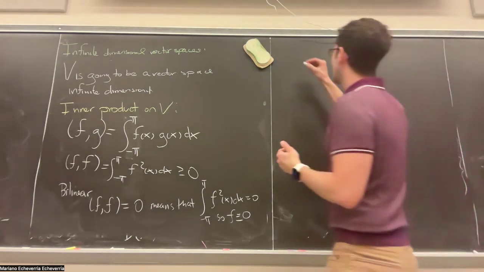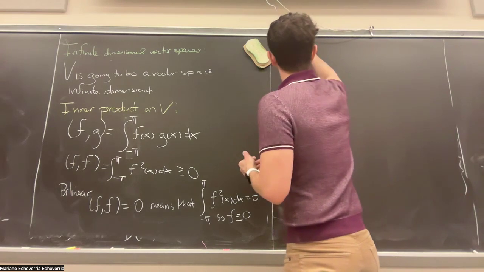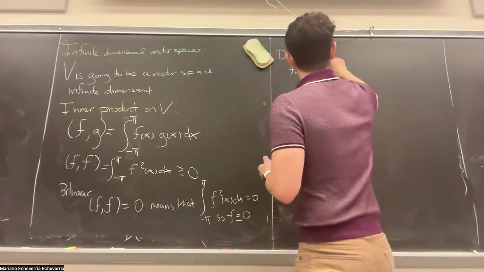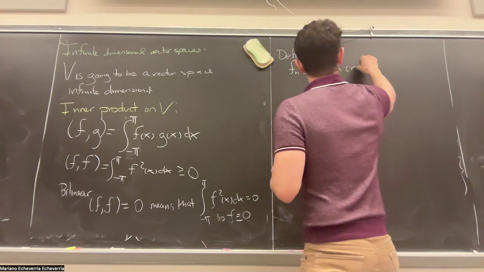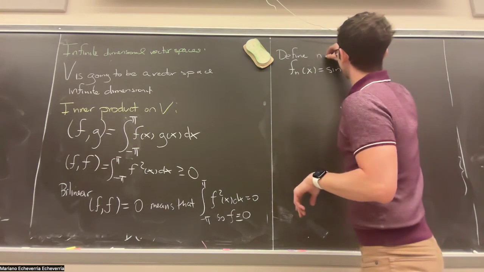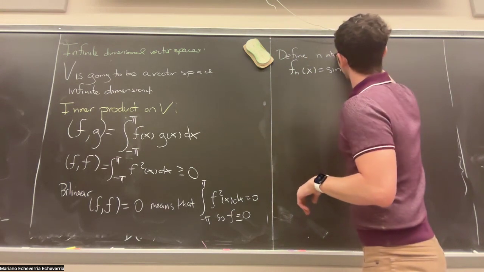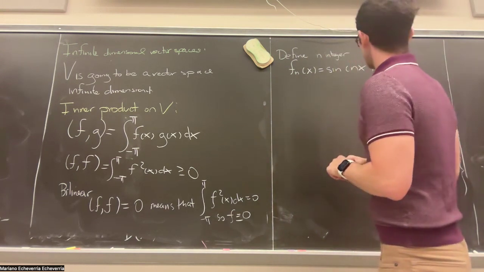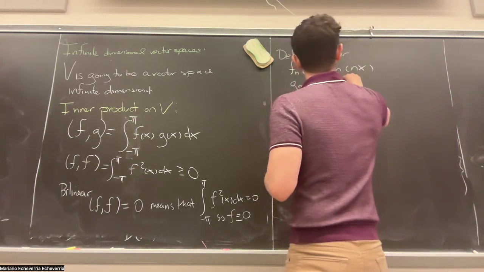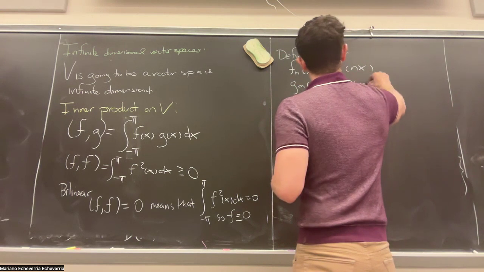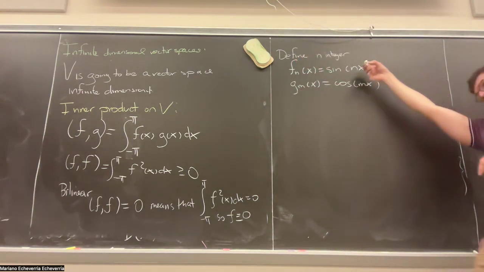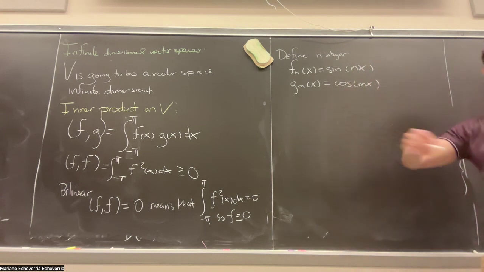So for example, if you define, for n an integer, a sine or cosine, this could be sine of 2x, cosine of 3x, whatever.